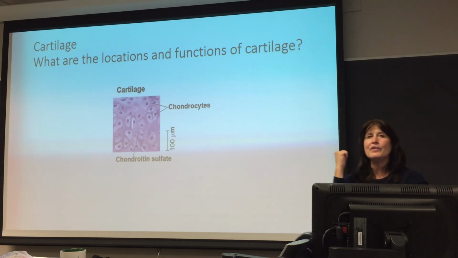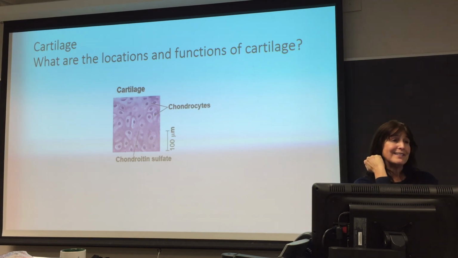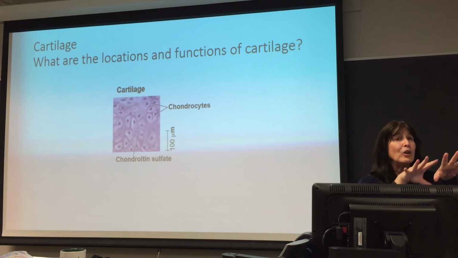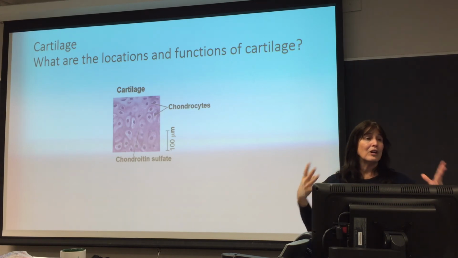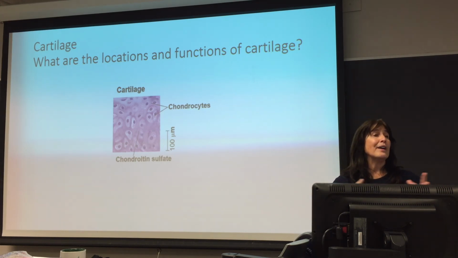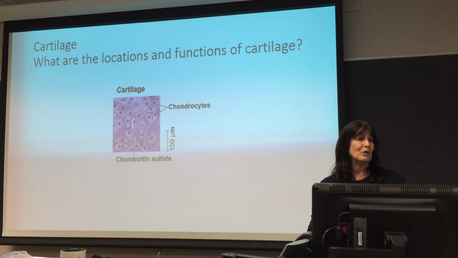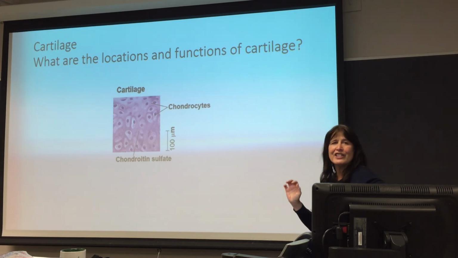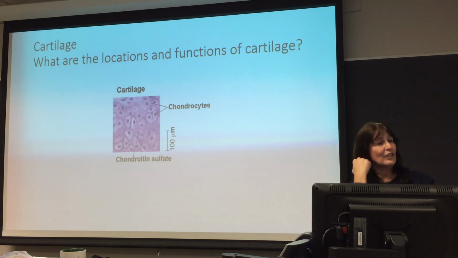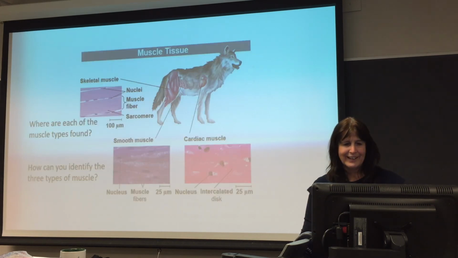So if you've had an injury and you're running bone on bone, that's not really good. And also, a lot of the long bones in your body, when you're embryologically formed, start out as cartilage, and then they're turned into bone. So we also know that we have it in the nose, the ears, the discs, and also at the ends of our bones. Okay.